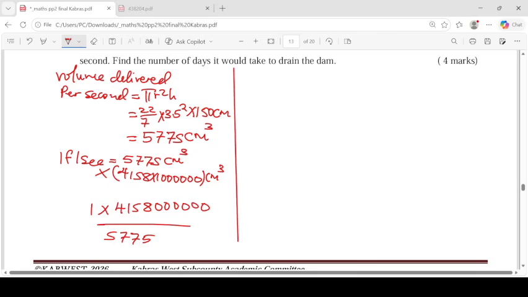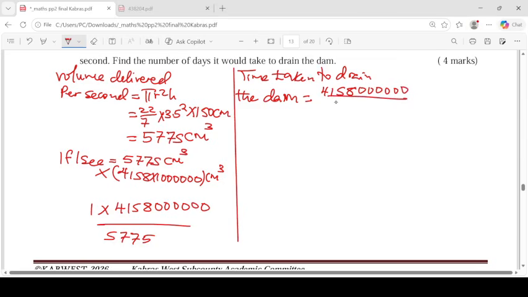Whatever we are calculating here is the time taken to drain the dam, which is equal to 4,158,000,000 divided by 5,775. You get 720,000 seconds.